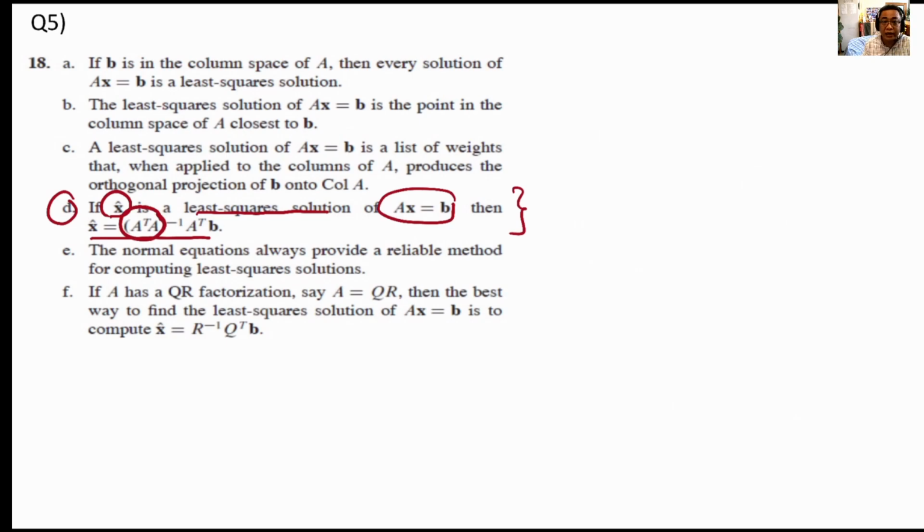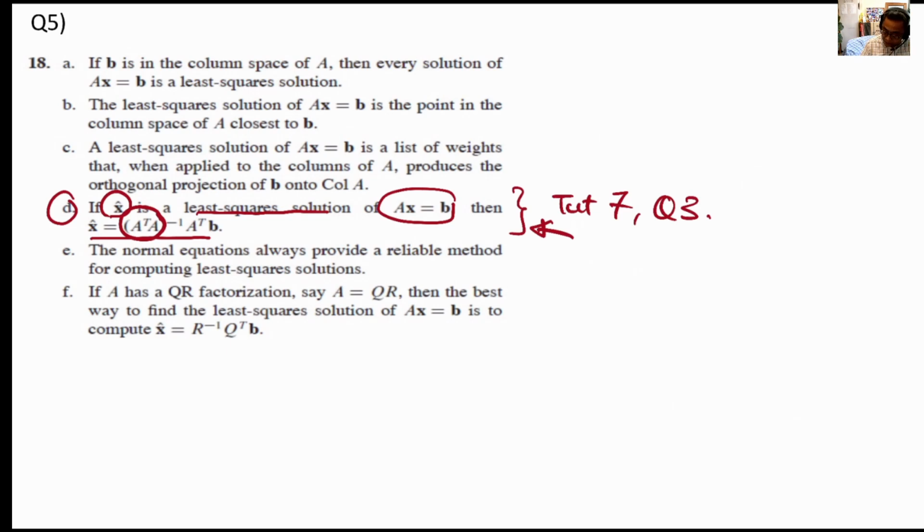But when ATA inverse does not exist, we still can calculate x hat, as in tutorial 7, question 3, where we found a least squares solution of AX equals B. So the answer to this question is false.